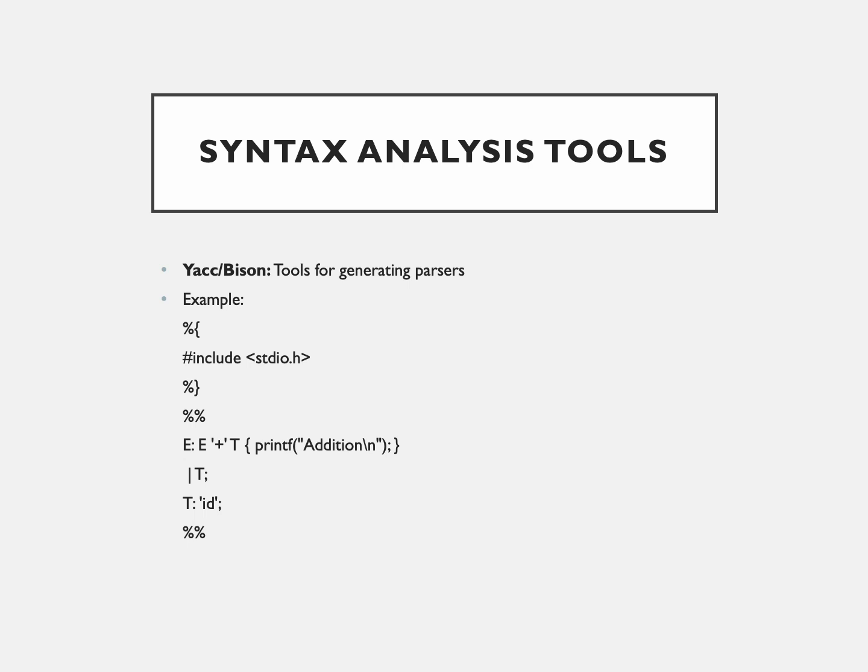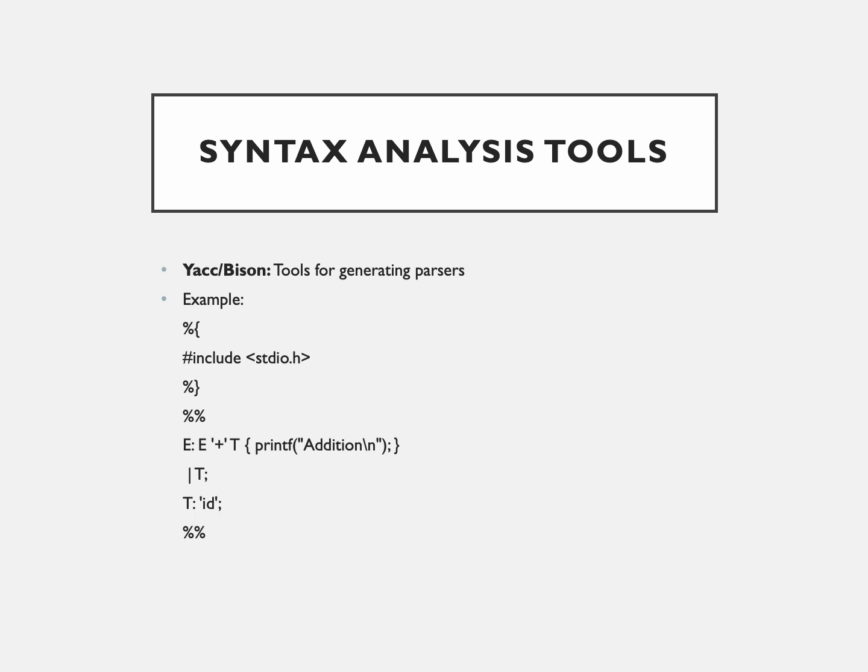So how does it work? The tool processes the grammar and generates a parser. When this parser runs, it matches the input against the defined rules, and if the input conforms, it triggers the corresponding actions, printing addition for A plus B. Syntax analysis tools are important because they simplify parser generation, especially for complex grammars, and they ensure error-free syntax analysis by automating rule application.